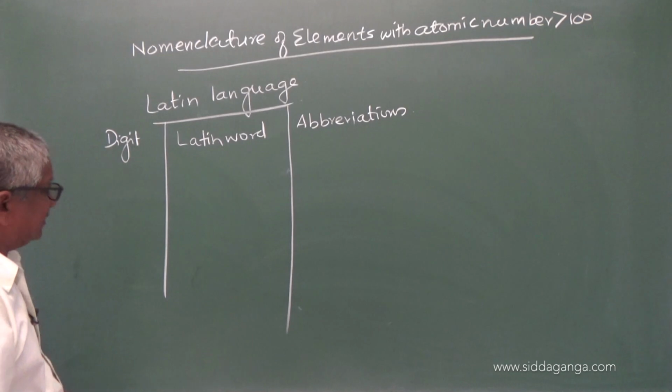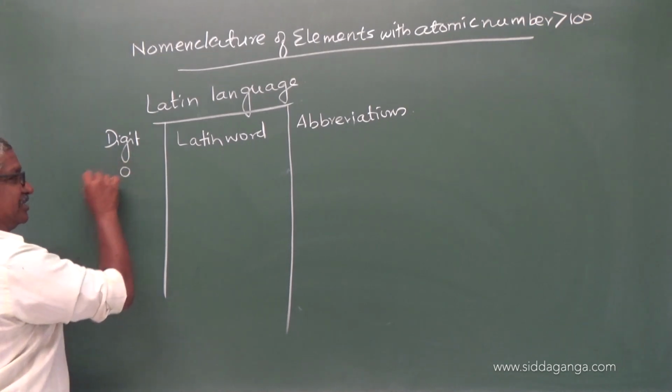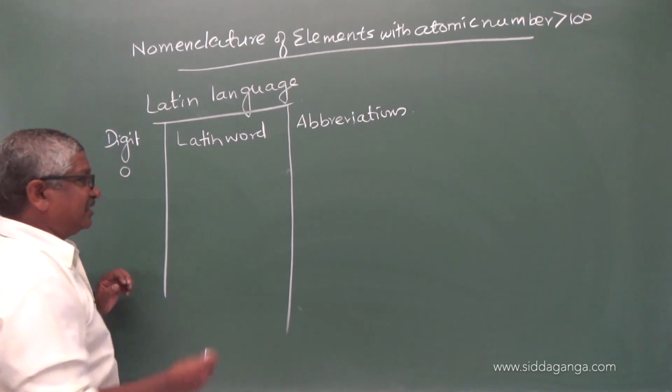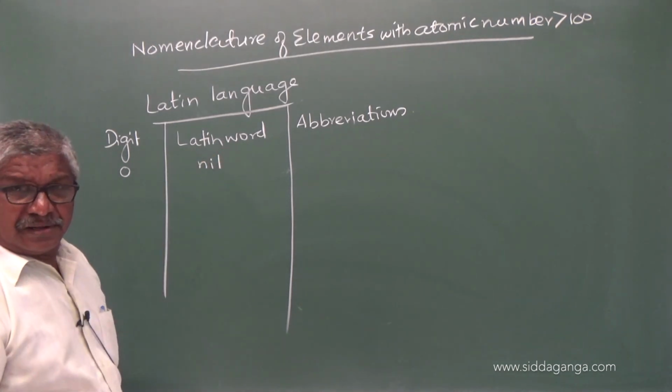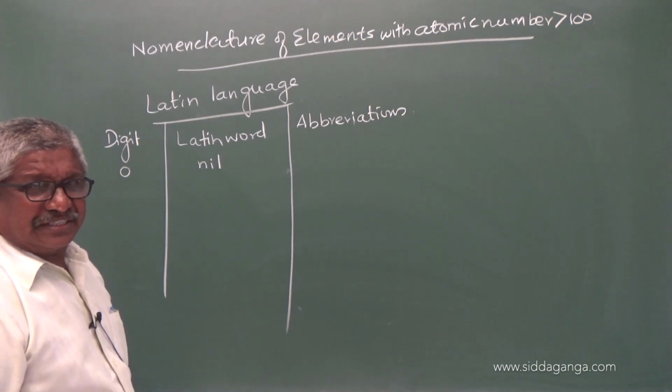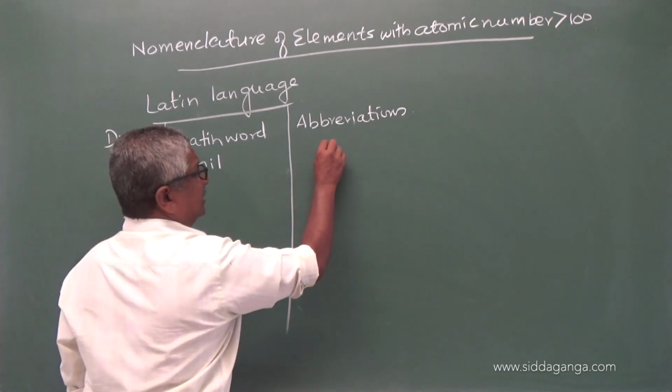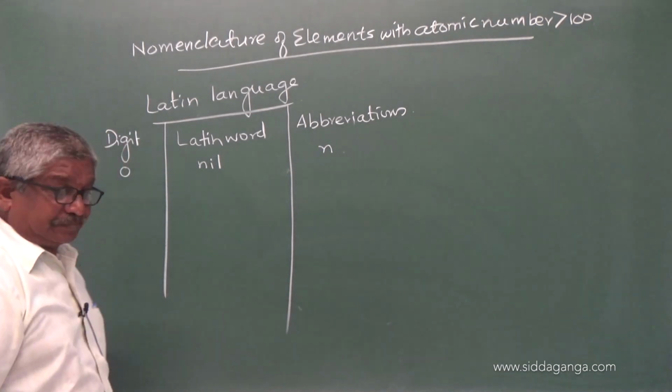So what are the digits? If it is a 0 digit, the Latin word is nil. For 0 digit, the Latin word is nil. The abbreviation is small n.